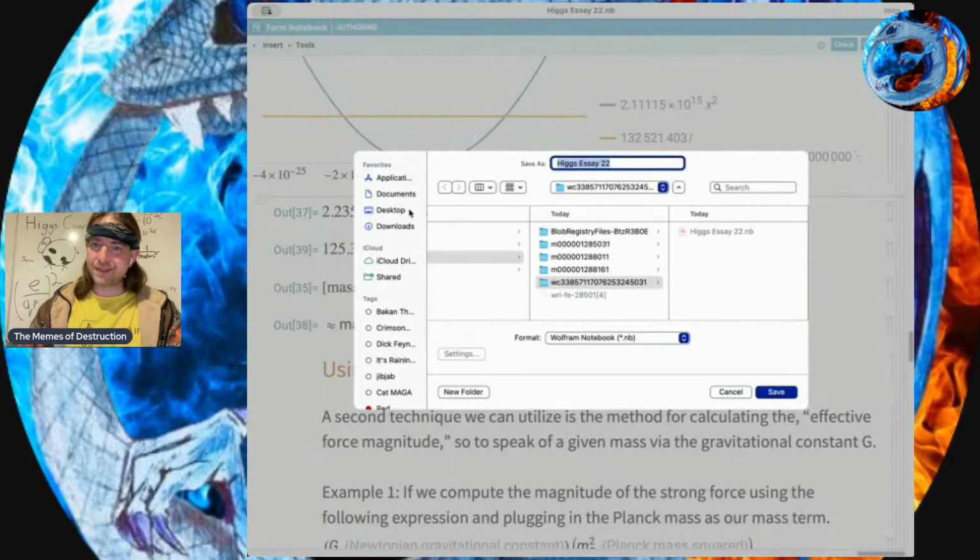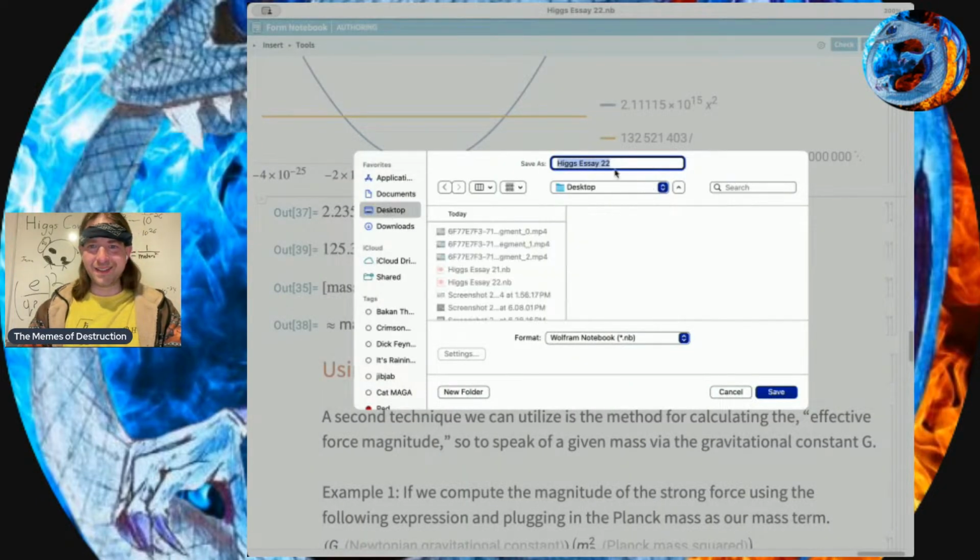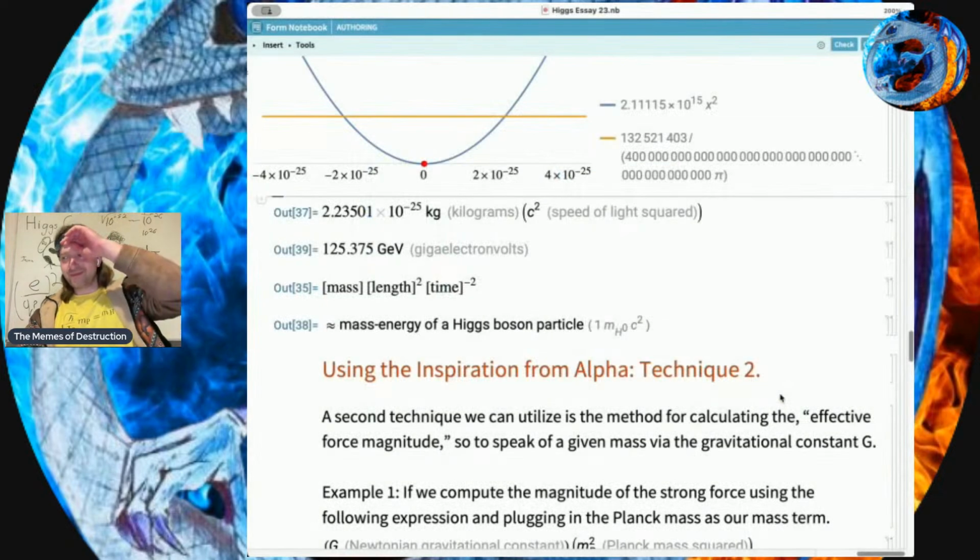Save as XSI 23. We have all our permutations. Save to the cloud. Oops.